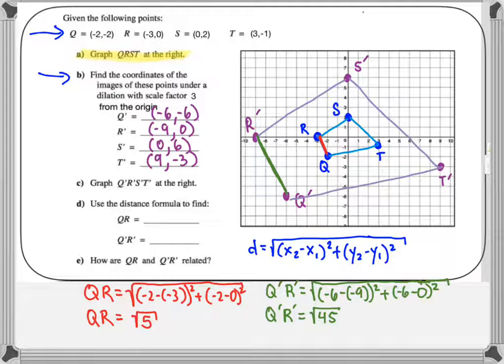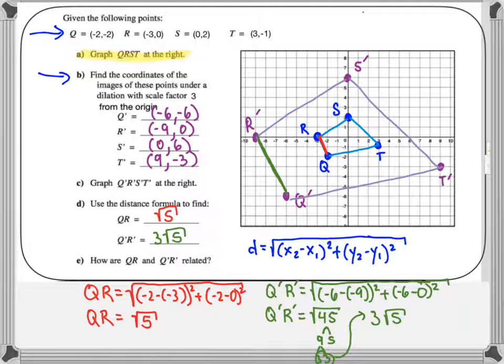So what I want to do is break the square root of 45 down and see what that gives me. So that's going to be a 9 and a 5, and a 3 and a 3. And so the 3 is going to come out, and I'd get 3 square root of 5. Now, let's take a look, filling these in. I got the square root of 5 right here, and I got 3 square root of 5 right here.